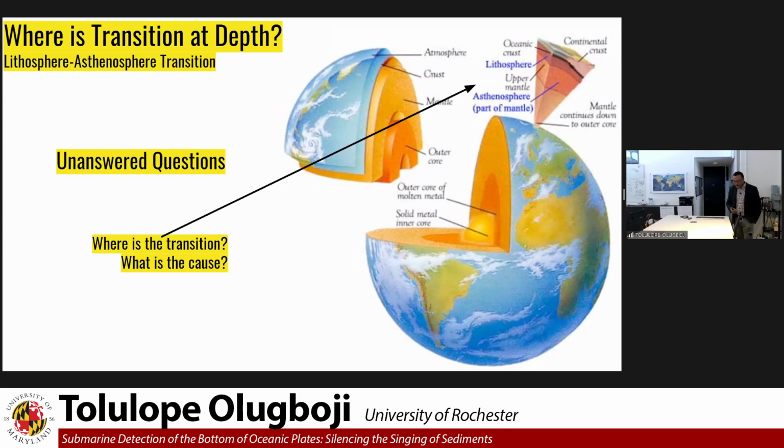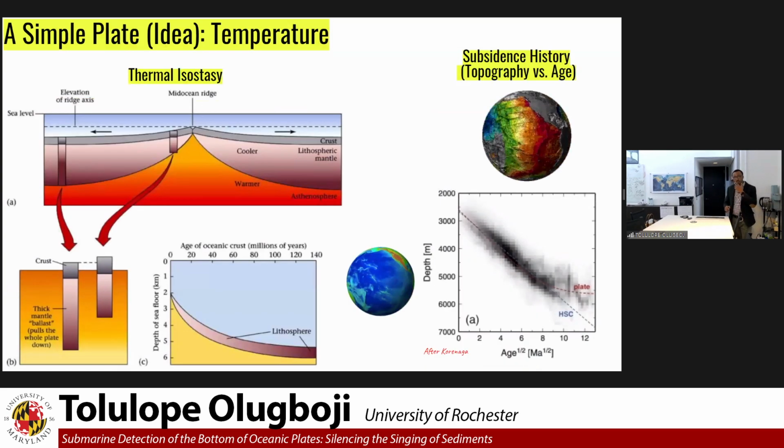So the question is, what is the bottom boundary of plates? What is the transition from lithosphere to asthenosphere? What is its cause? And do our models fit what we know about plate generation, plate evolution, and the controlling factors of plate structure and evolution?